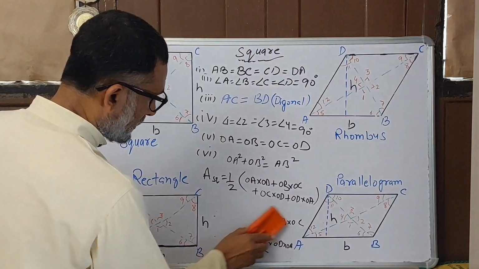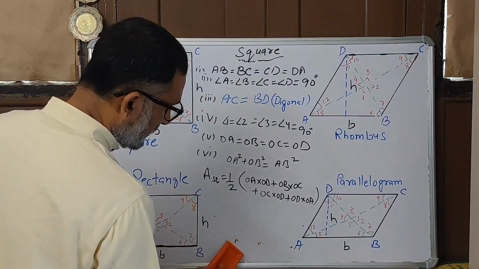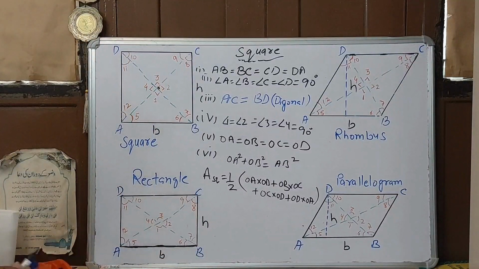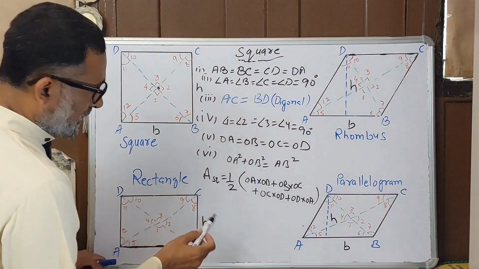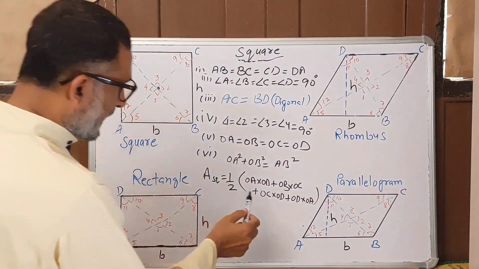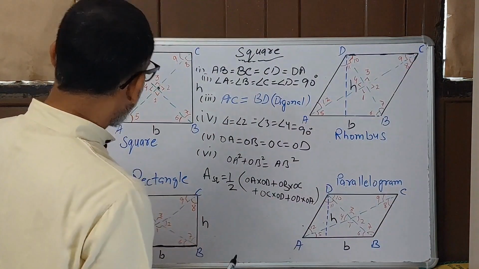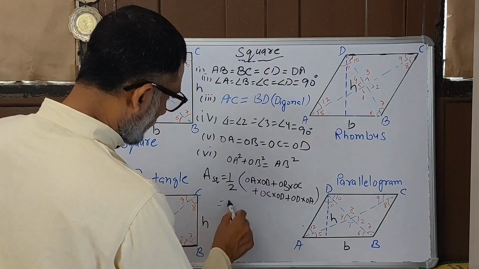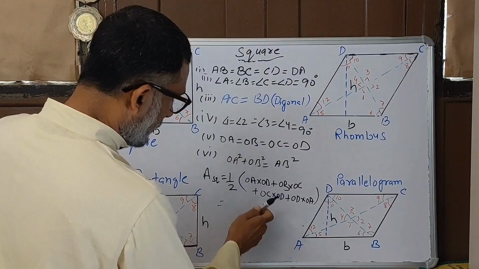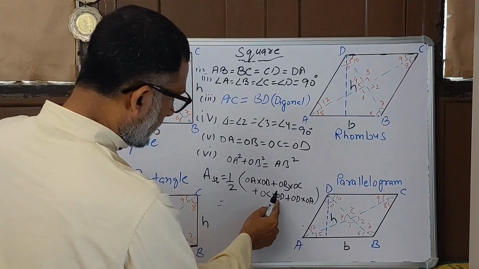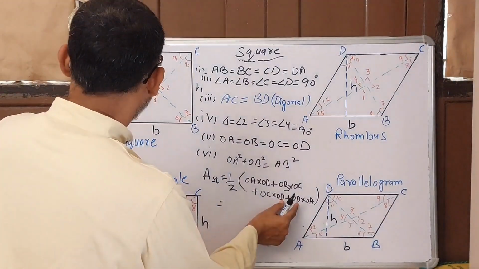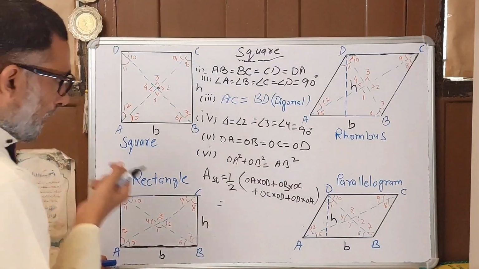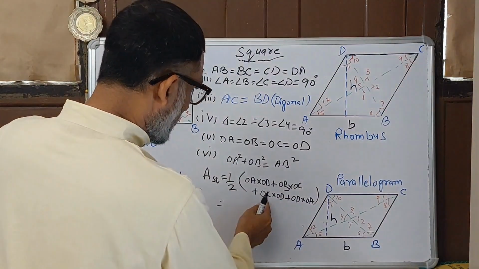I will erase it and make it again. What will happen? We also take something common. What is common? OA and OB are in the same places, so we can take them common further. Here OD and OD are common, and OC and OA.